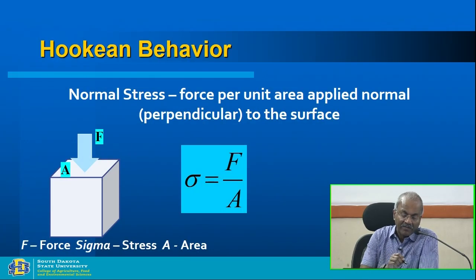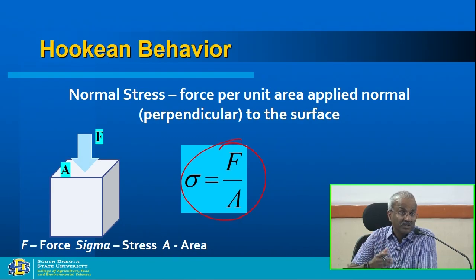In Hookean behavior material, you apply a normal stress, so you put the force on top of the material, force per unit area applied normal, which is perpendicular to the surface, and that's what the stress calculations you typically do. F is force, A is area, and sigma is the stress.